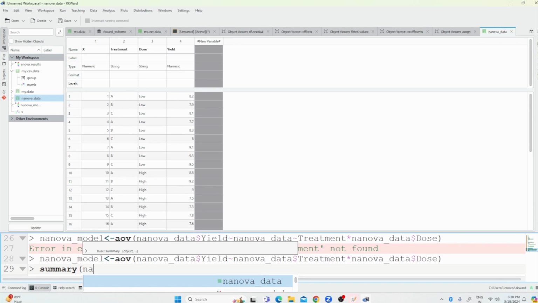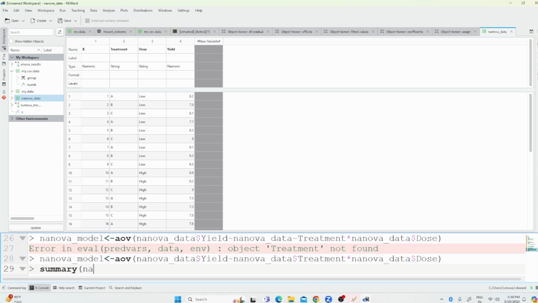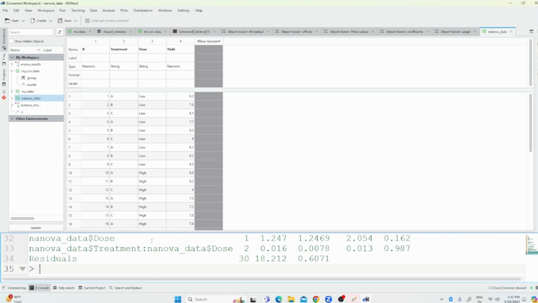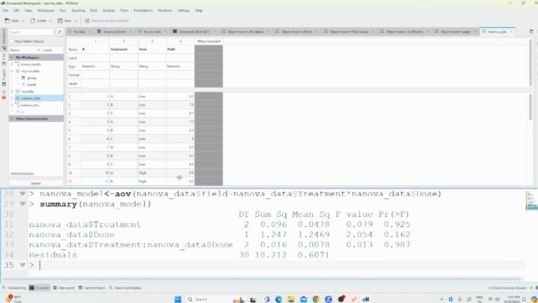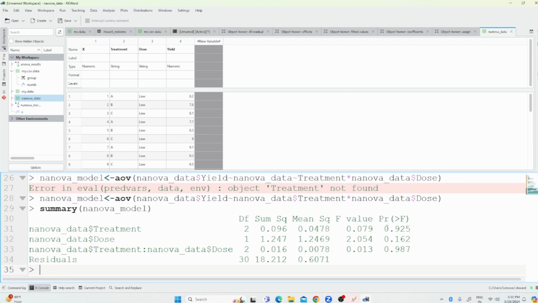nANOVA underscore model. Okay. See, the same things are repeated. Okay. The p value is again for the complete test. You see, there are two things. One is the treatment. How is treatment affecting?